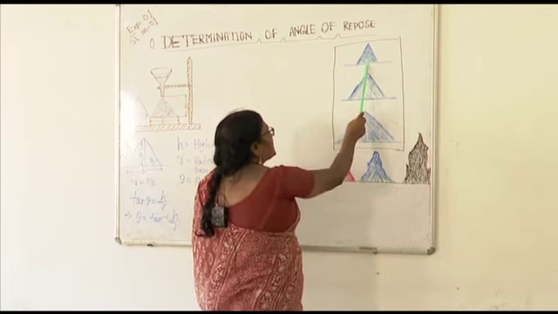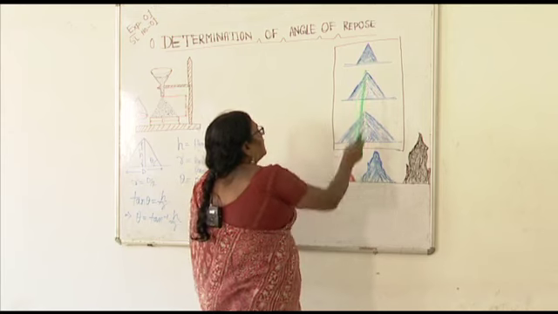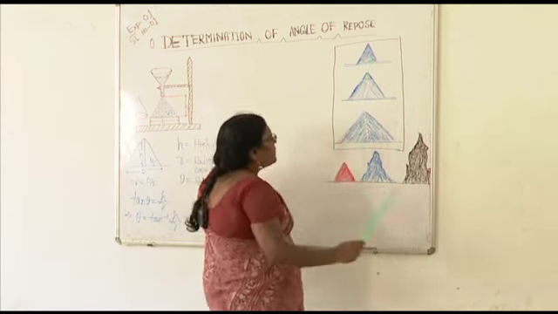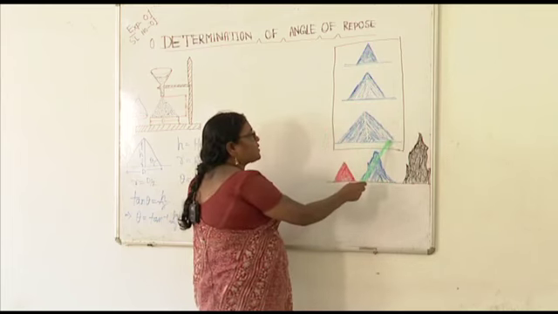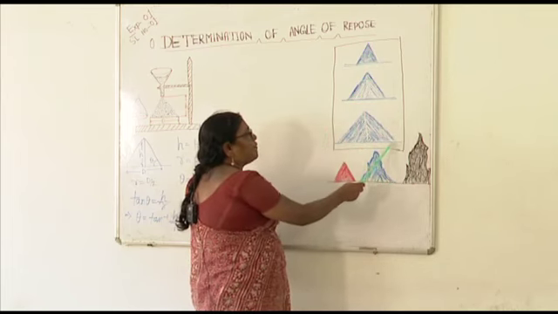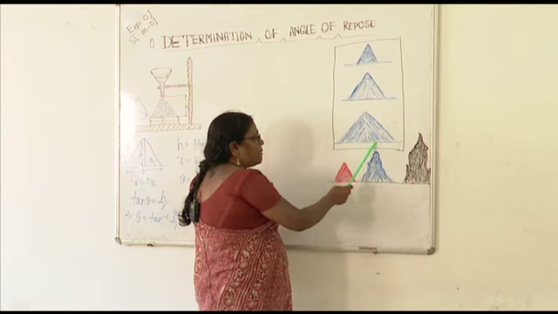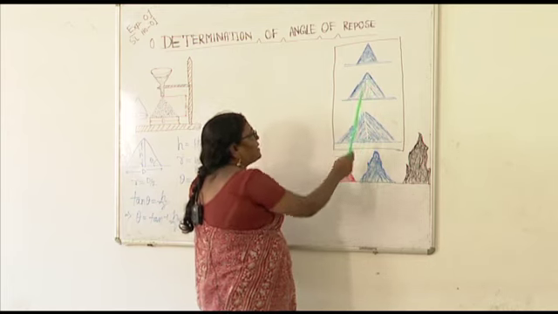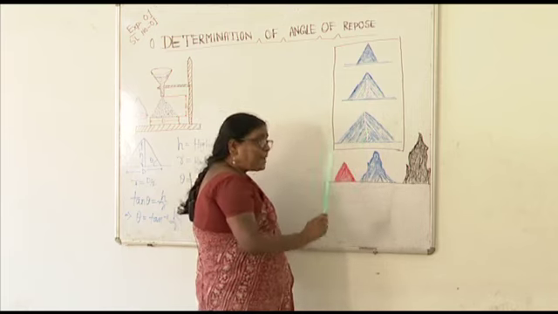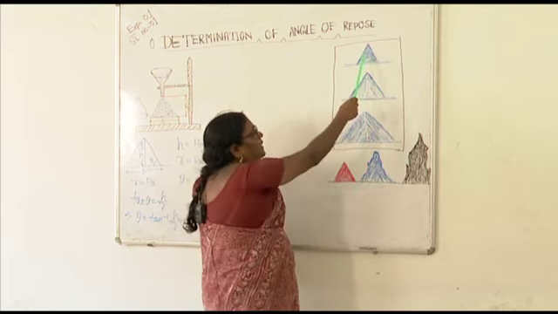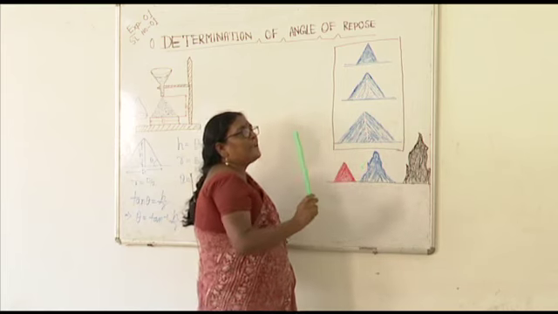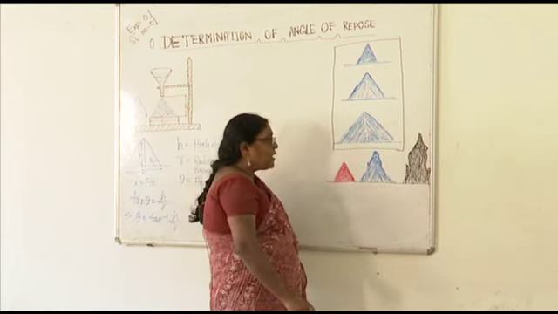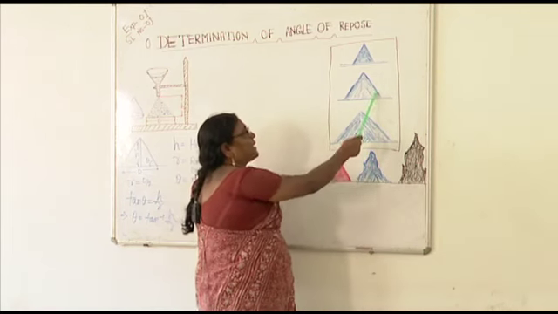The height is more here, sorry, and this height is the least. But when you take the ratio of this radius, that is half of this diameter, and this height, in a way, height by base, in all the cases you will get more or less the same value, because the angle they make is the same.